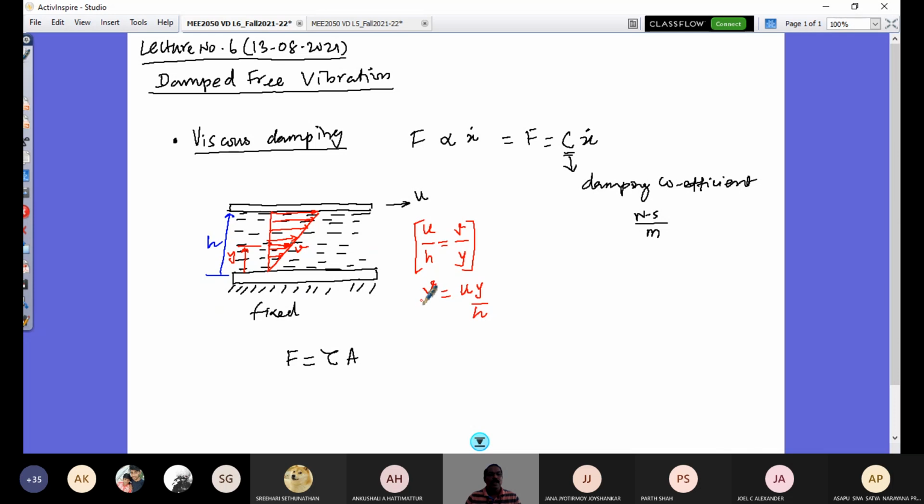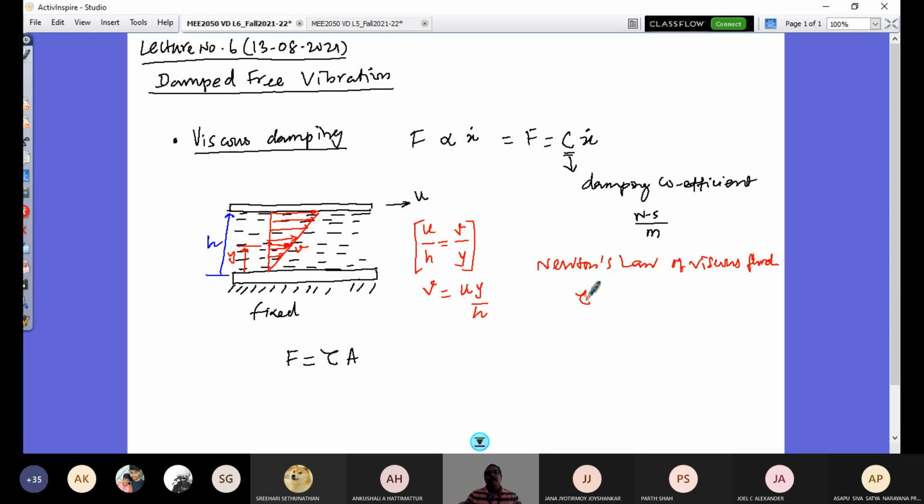So how do you define shear stress in the fluid layer? That is where you understand Newton's law of viscous fluid. Newton's law of viscous fluid states that shear stress between the layers of fluid.